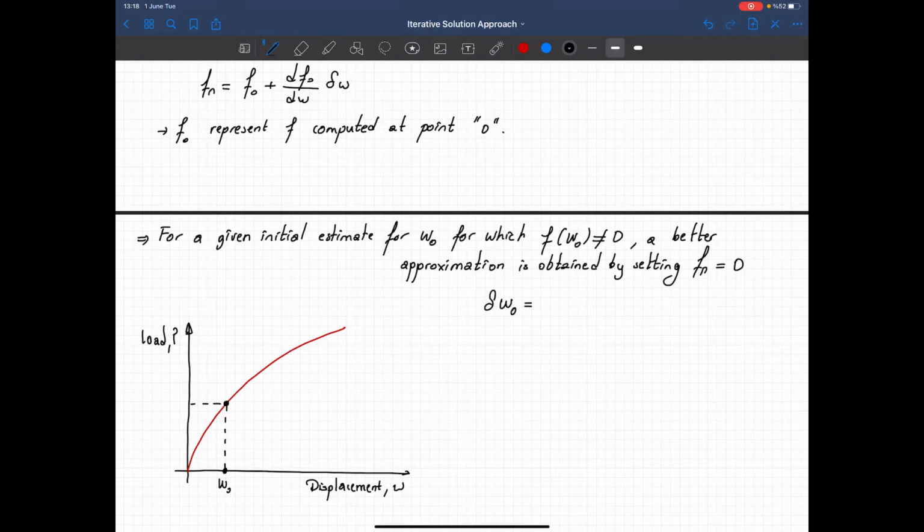Then del W0 will be equal to minus d of f0 over dw inverse, meaning that that's the slope of the curve at W0 location multiplied with f0. I should have the inverse here. Okay, so the slope is, we are at this point, we are using this slope. So we call this slope the tangent stiffness, and that's equal to df0 over dw.